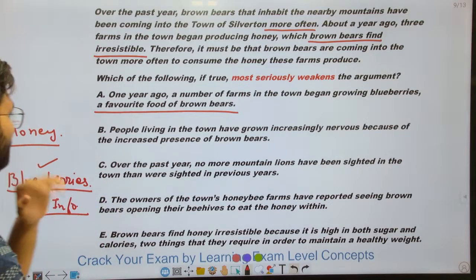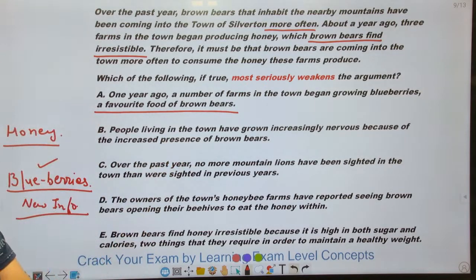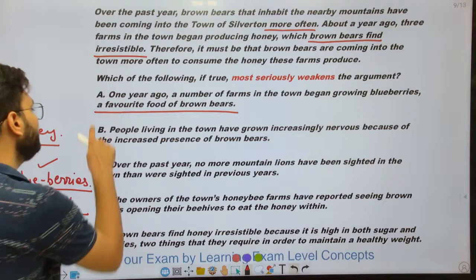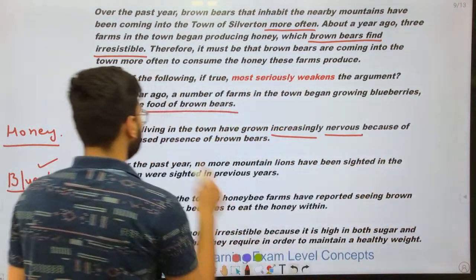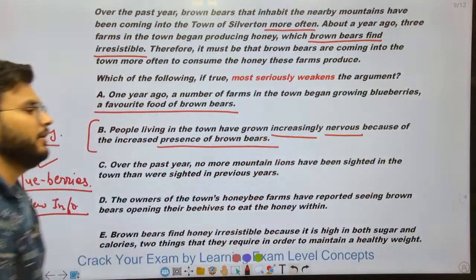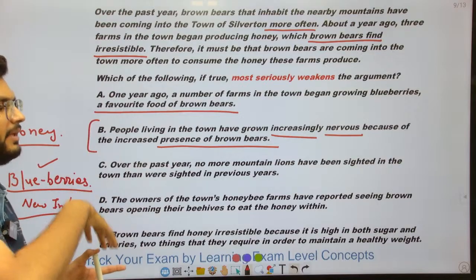B, people living in the town have grown increasingly nervous because of the increased presence of brown bears. Now, how does it weaken? People are becoming nervous because of the presence of brown bears.